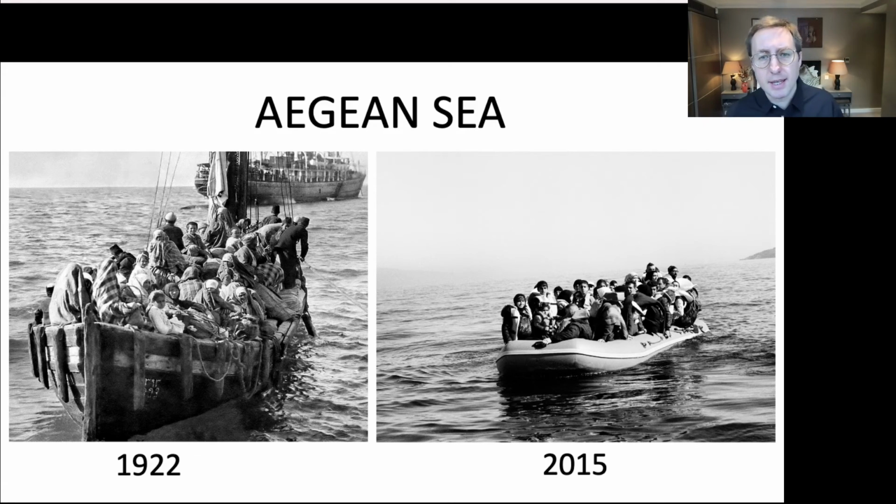So in the case of the Aegean Sea, which is a sea across the Mediterranean, we have the witnessing of events that are pretty much similar in nature, only one century apart.